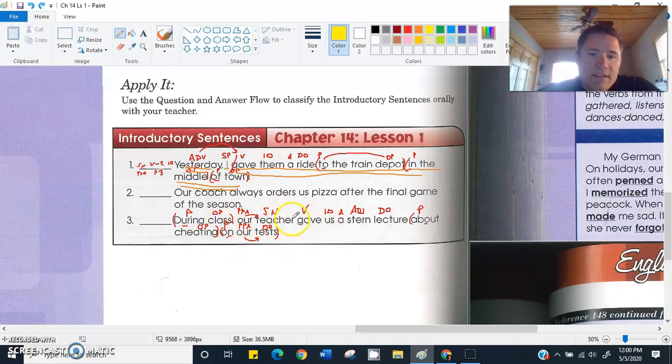Any adverb exceptions? I don't see an adverb in the area of the verb, so we can stick the slash in the normal spot. Are there predicate words in the subject? Yes. When? During class. Our teacher is the subject. There's our double underlines.